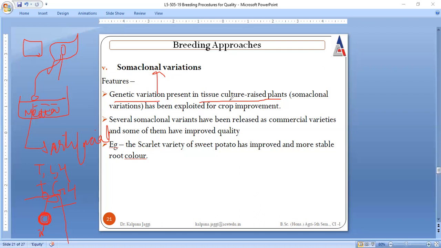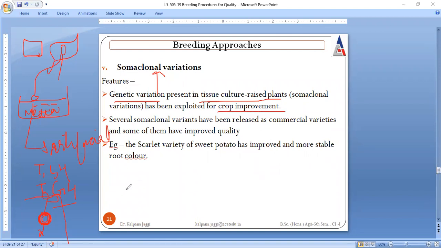So the genetic variations present in these tissue cultured raised plants are said to be somaclonal variations, but these somaclonal variations have been exploited. That means they have been maximally utilized for crop improvement.